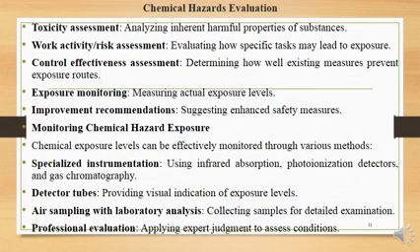Chemical hazard evaluation. We have the toxicity assessment, analyzing inherent harmful properties of substances. We have work activity and risk assessment, the control effectiveness assessment, exposure monitoring, that is measuring actual exposure levels, and improvement recommendations, suggesting enhanced safety measures. Monitoring chemical hazard exposure: chemical exposure levels can be effectively monitored through various methods.